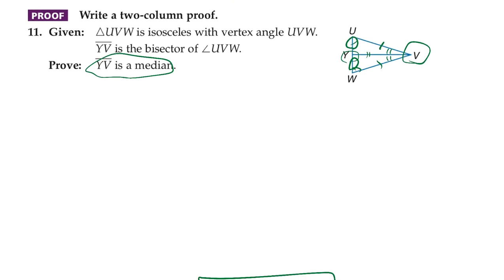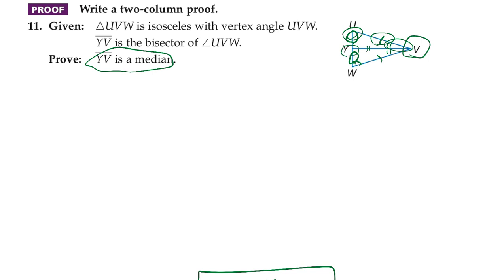Okay, so let's see. I'm going to choose side angle side, or angle side angle. Let's do side angle side here, and we'll use reflexive property. Now, we haven't used base angle theorem that much. Let's do base angle, definition, and definition. Okay, let's do that. So we'll start with triangle UVW is isosceles.